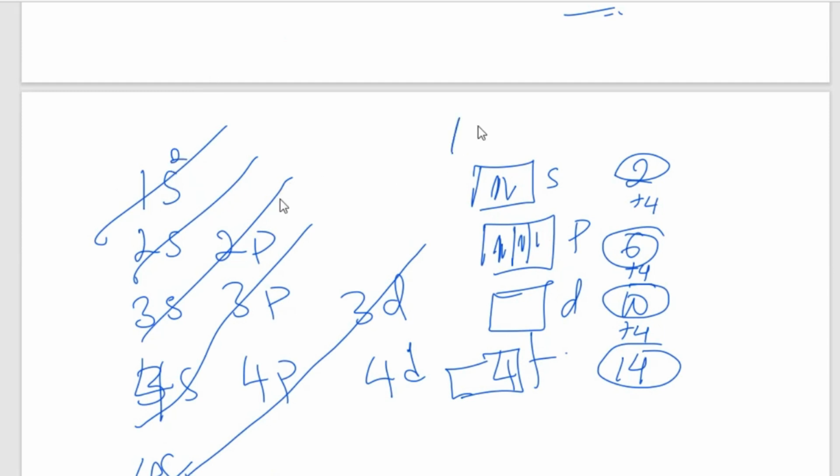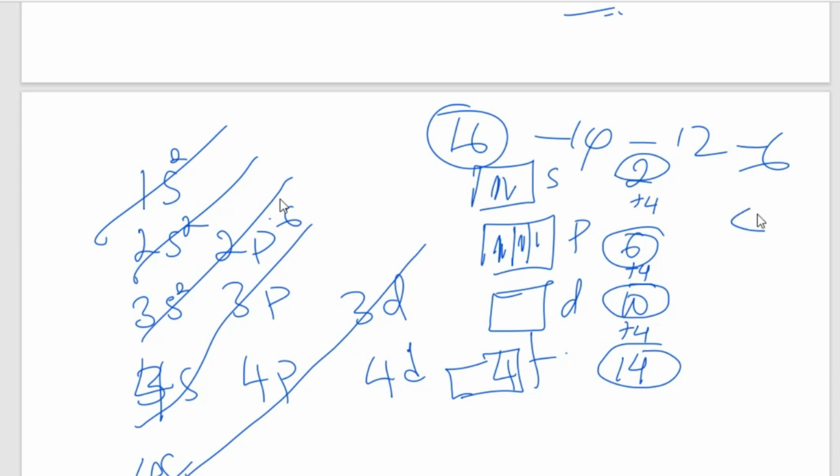It's 16, so 2, now it's 14. There's going to be 2, then 12, another shell is going to be 8, so it's going to be 6 now, it's going to be 2, so 4, it's going to be 6 here. Meaning that it is in period 3, group 6.